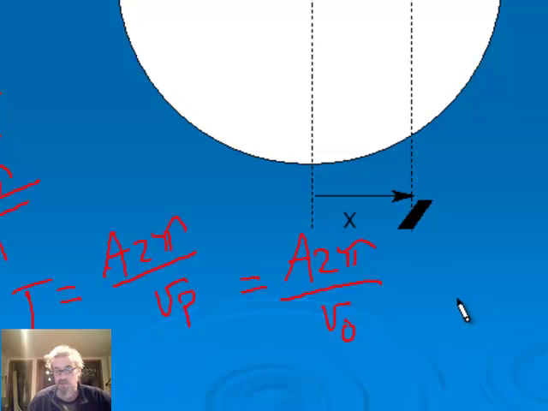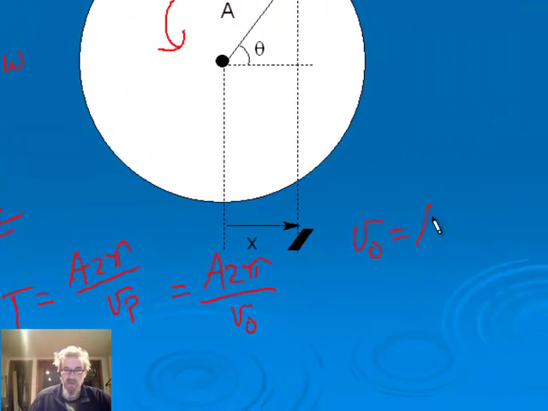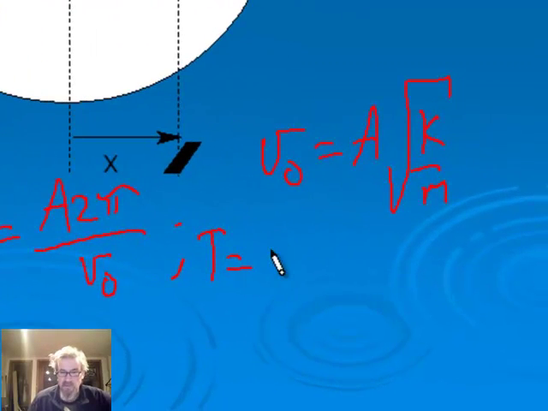Thinking back to the spring mass system that we were originally concerned with, we know that v naught was equal to a times the square root of k over m. So let's substitute. Period is then equal to a times 2 pi divided by v naught, which is a times square root k over m.